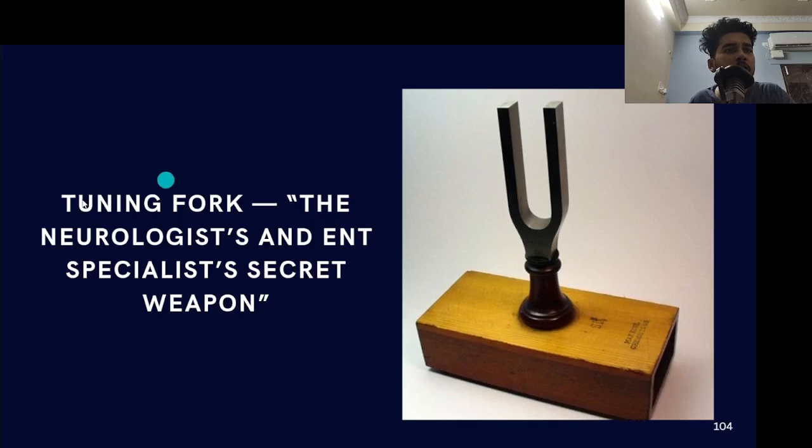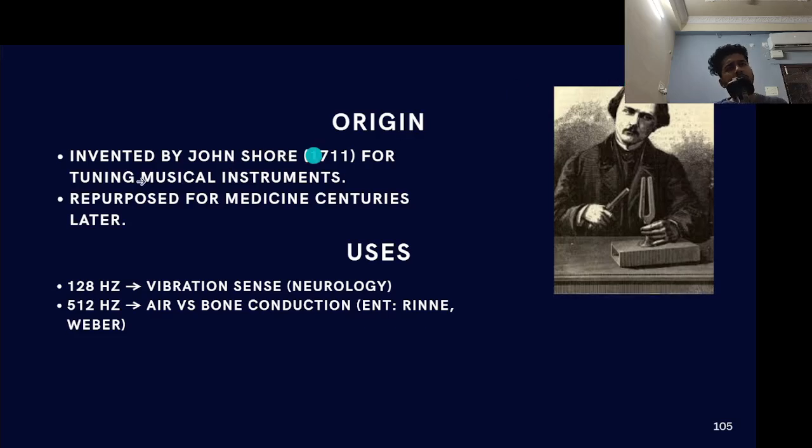Now we get to the tuning fork, which is the neurologist's and the ENT specialist's secret weapon. The origin of this tool was that it was invented by John Shore in 1711 for tuning musical instruments. Later on, it was repurposed for medical use centuries later.